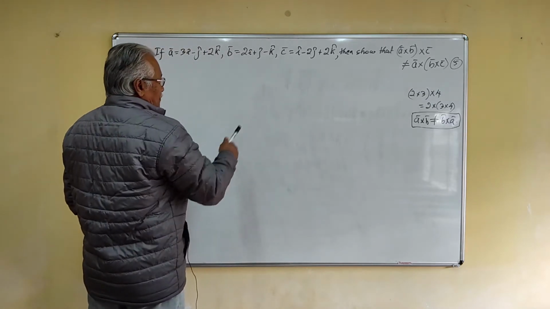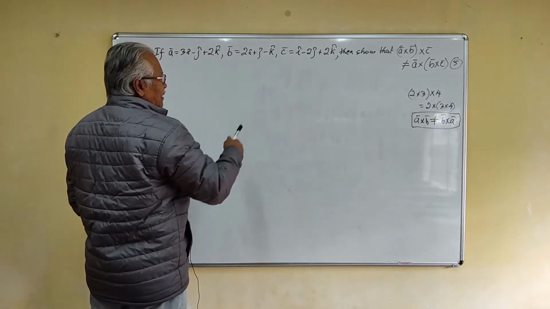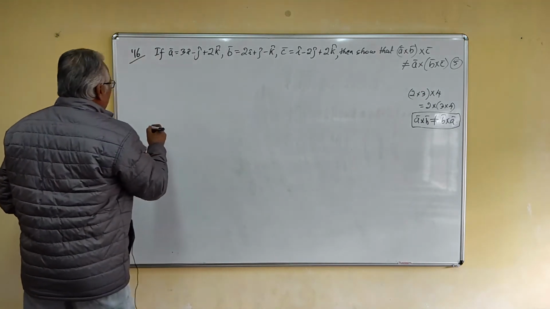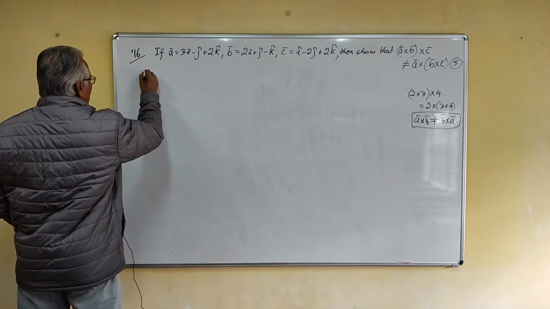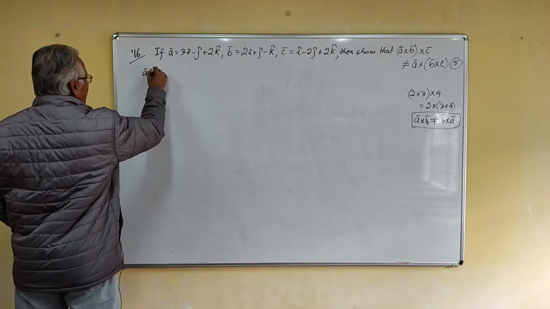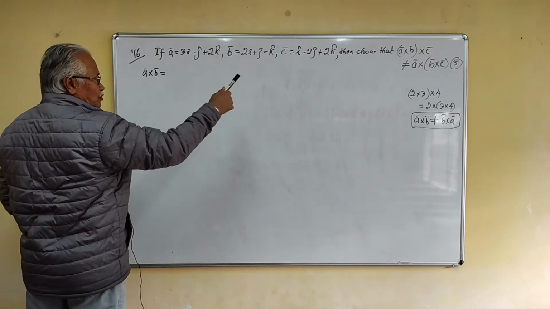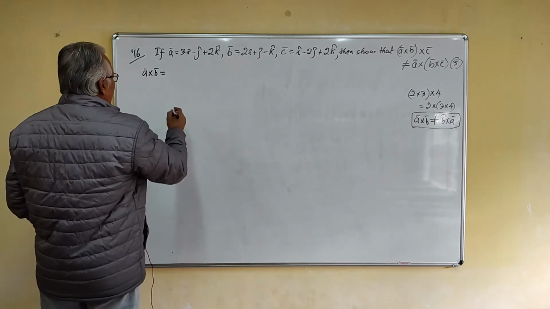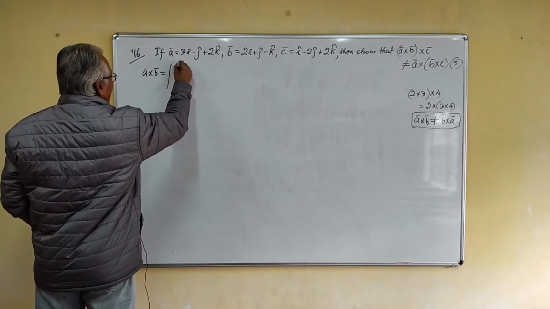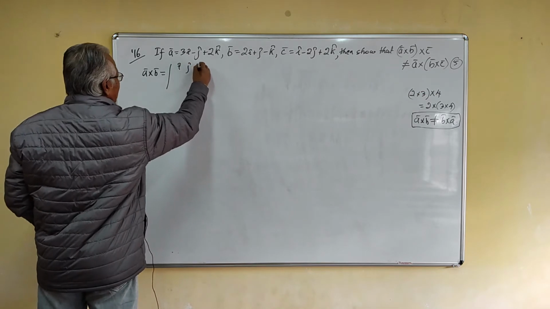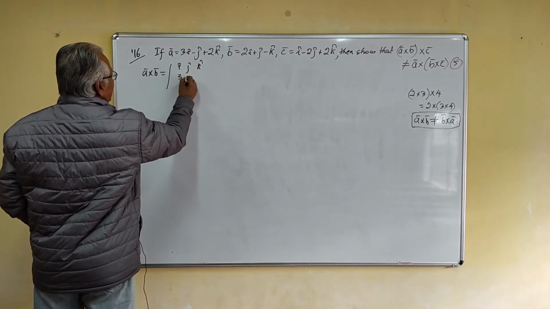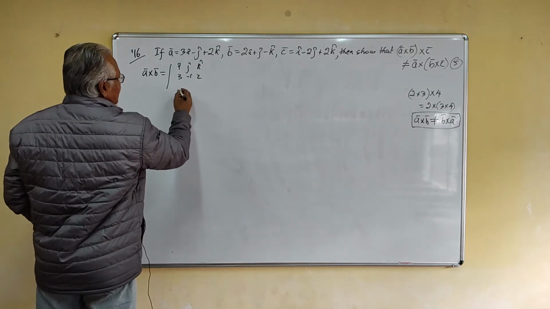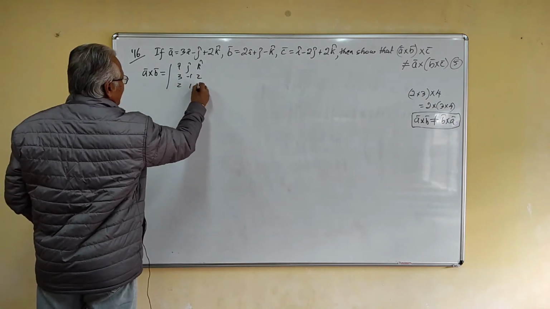Okay, now let's try to find out the value of (a cross b) cross c first. First of all, what is a cross b? Let's see, a cross b. Because a cross b is in the bracket, so we got to find out the value of a cross b. a cross b will be i, j, k, then 3, minus 1, 2, that's the value of a, then 2, 1, minus 1.